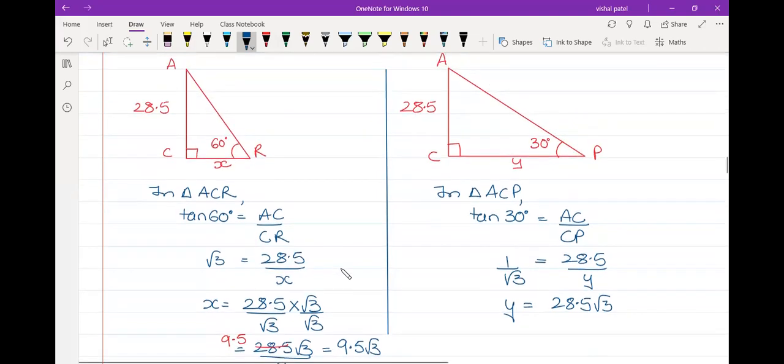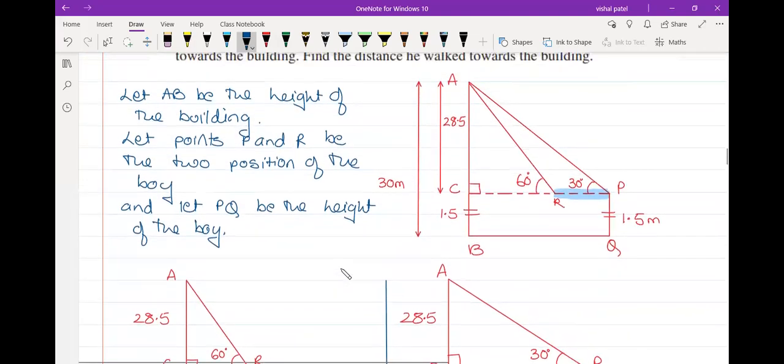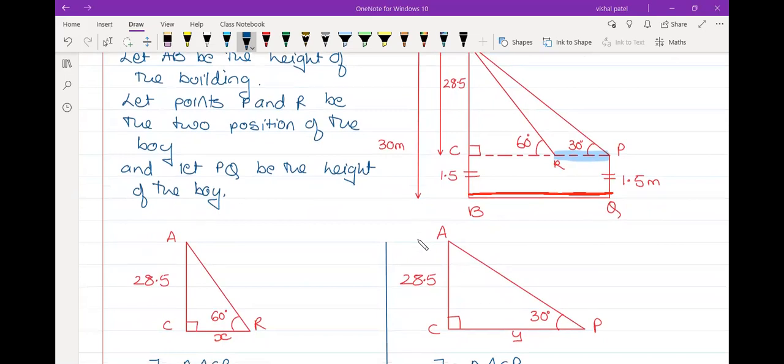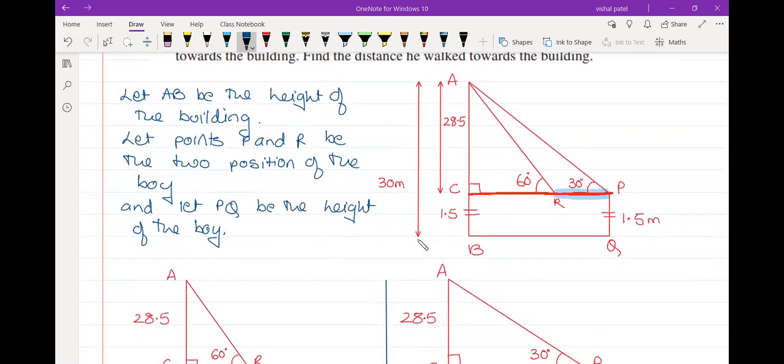Now let us come back to the main figure, students. Let me show you what we found as X. X is this whole. Just a minute, let me take the screen down. This is Y, students. What we found is this is Y, and this part what we found is X. So if I want to find this part, what I have to do?